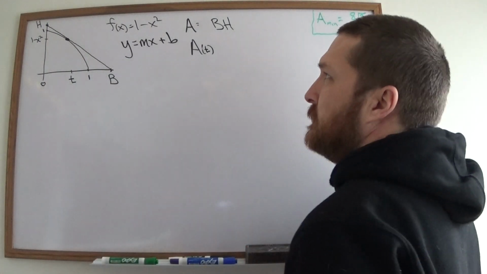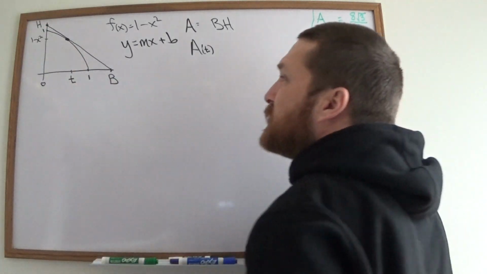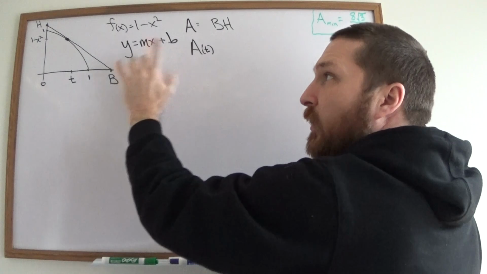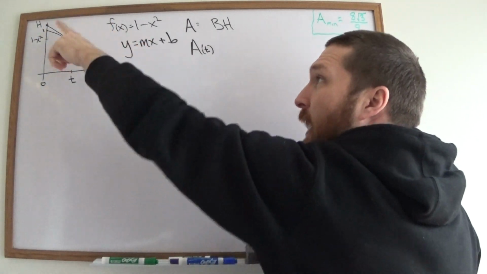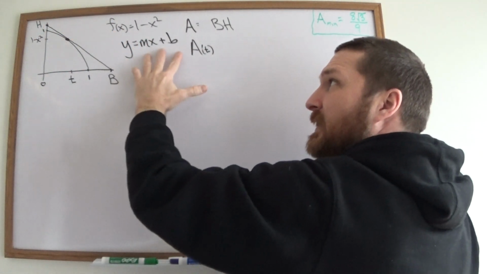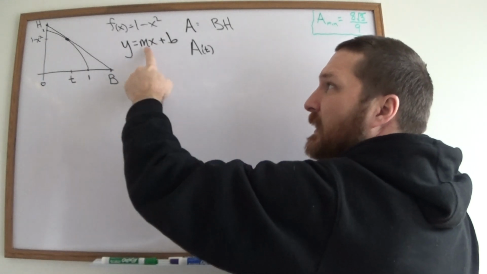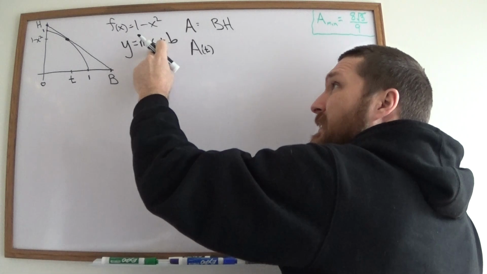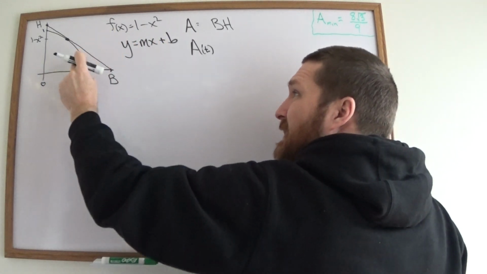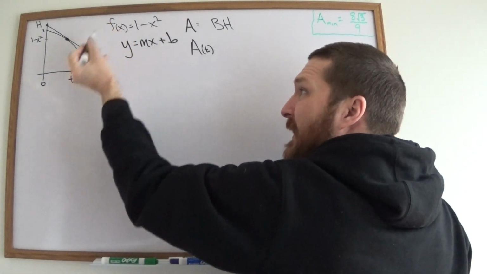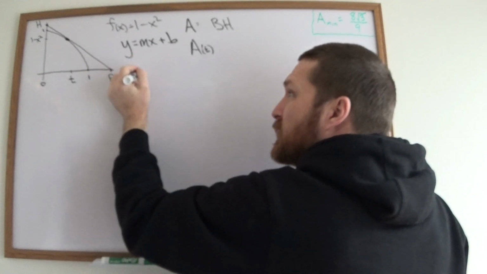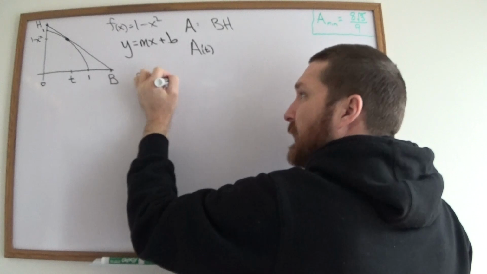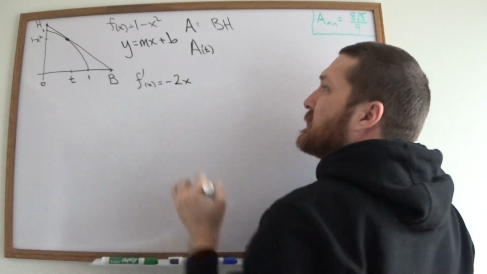Okay? All right. I need a B, I need an H. I notice that B is the x-intercept of this line. H is the y-intercept of this line. So in order to have an actual line, I need an m and I need a b. M is easy to find because this line is tangent to this curve at the point t. So when I take f prime, I get, again, minus 2x.